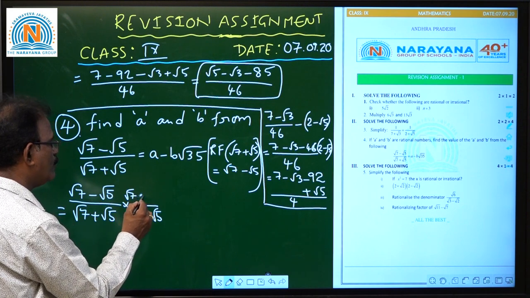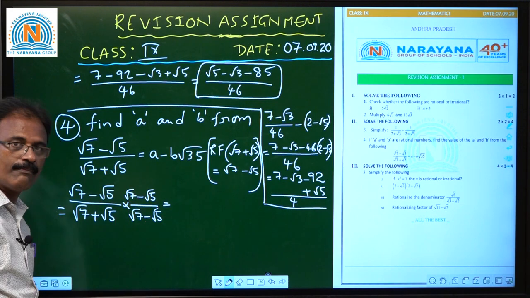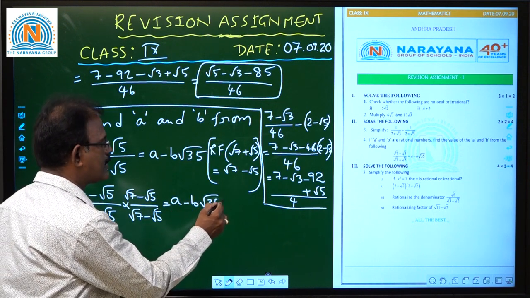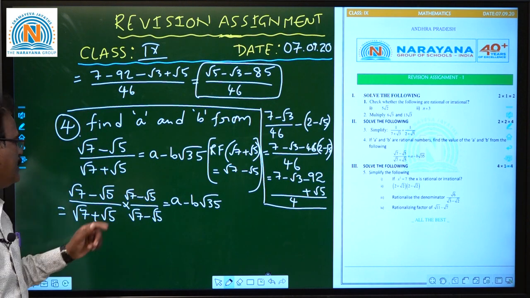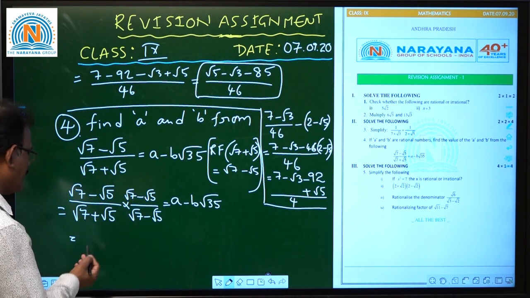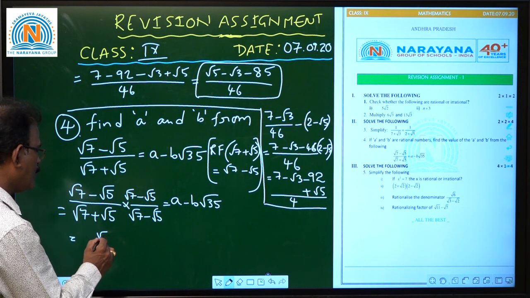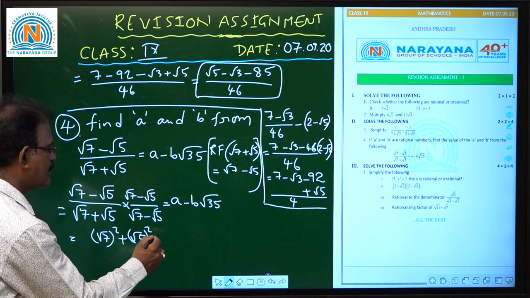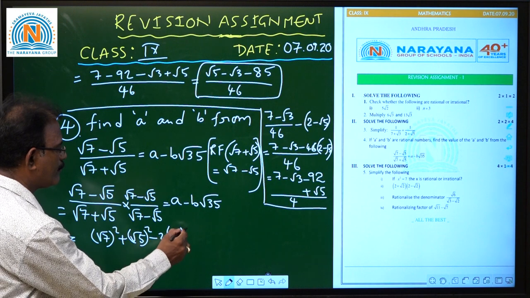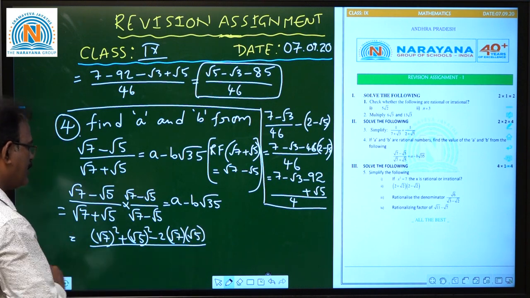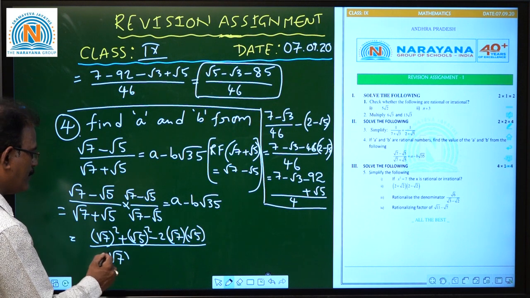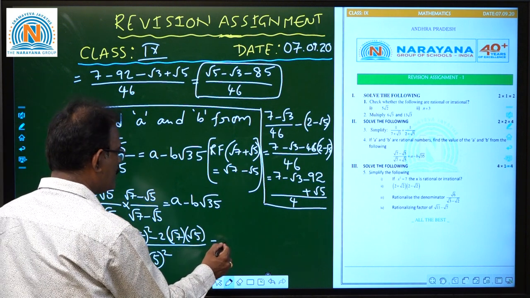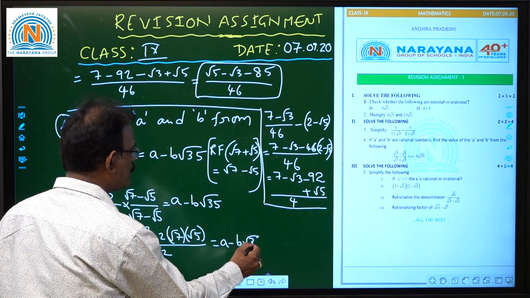Without changing the initial value, take the same in numerator also. Right side will be kept as it is till you compare LHS and RHS. So this is a minus b whole square, a square plus b square minus 2ab, and see the denominator, this is a plus b into a minus b, a square minus b square, is equal to a minus b root 35.